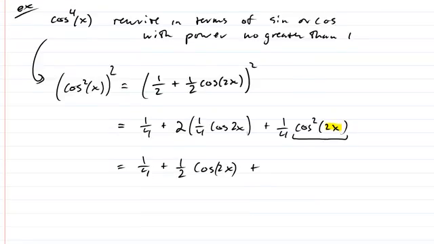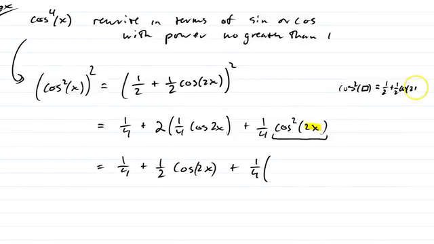So probably the toughest part is keeping track of all the coefficients. So this is going to be 1/4, and now the formula is normally that cosine squared of some chunk is 1/2 plus 1/2 cosine of 2 times the chunk. Since my chunk is 2x, I'm going to have 2 times 2x going in there.